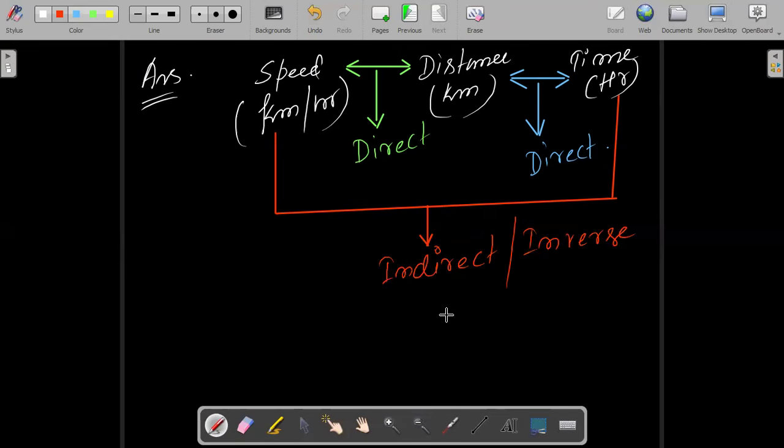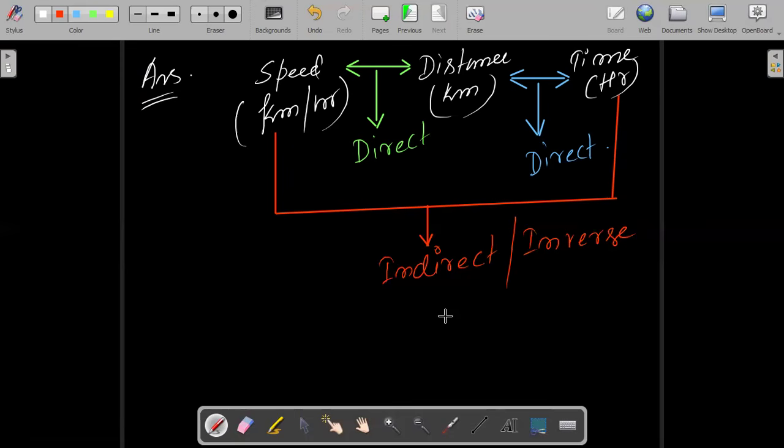Whenever any unitary method sum is given to you, first identify the elements properly. You are unable to identify the element here. And if you cannot find the element properly, you will never be able to solve the sum.